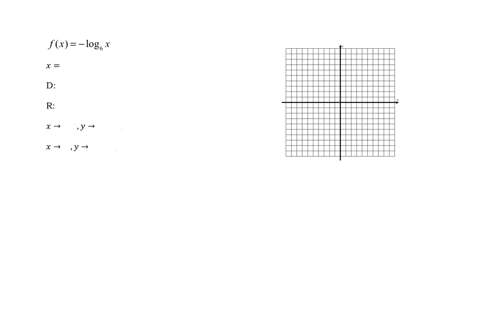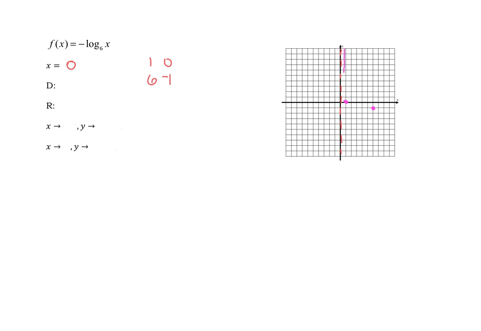Okay, so this one also hasn't been shifted. It just has a reflection over x. So y = 0 is my asymptote. My base is 6, so I'm going to do 1, 0, base 1. Since I'm reflecting over the x, I'm going to change my y to its opposite. So I'm going to graph 1, 0, and then the base of 6, down 1.